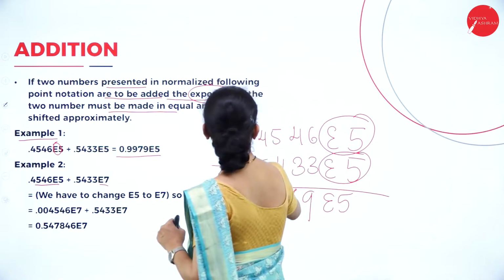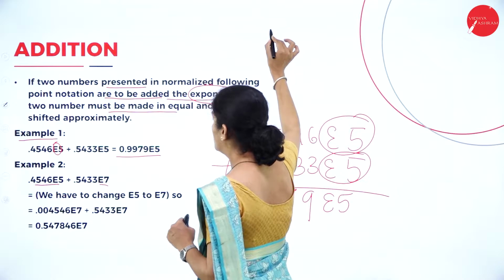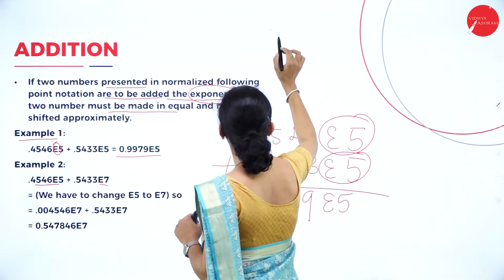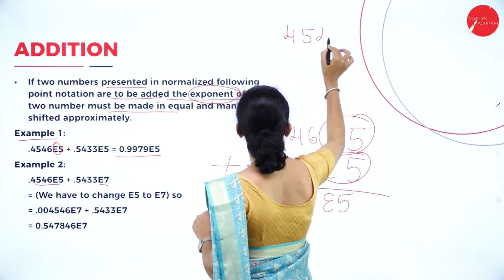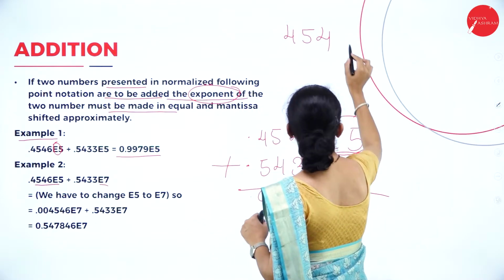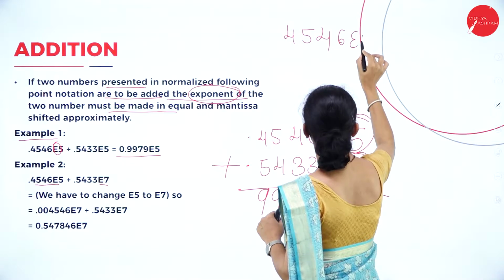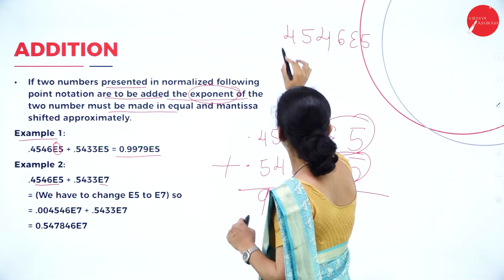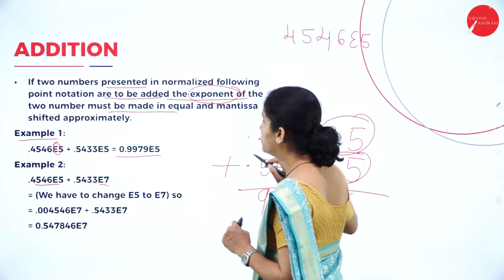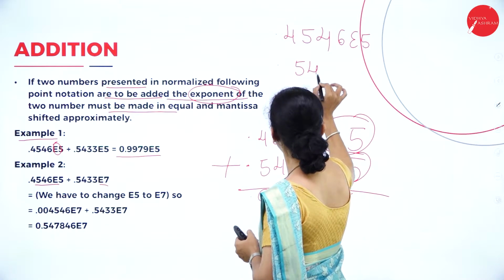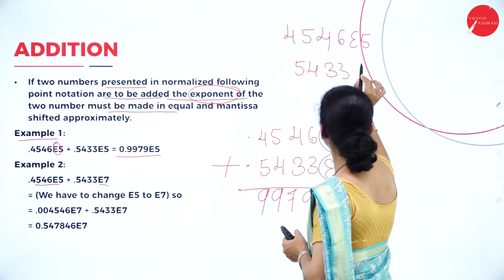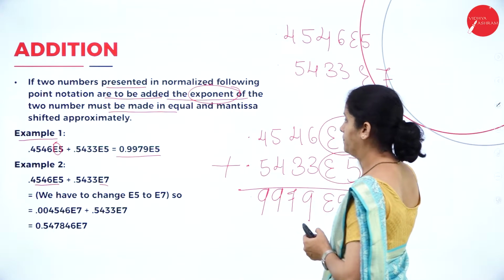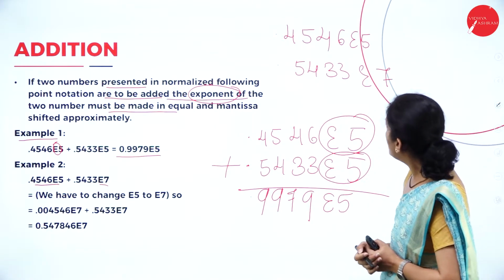What are the numbers I have? I have 0.4546 E5 and 0.5433 E7.